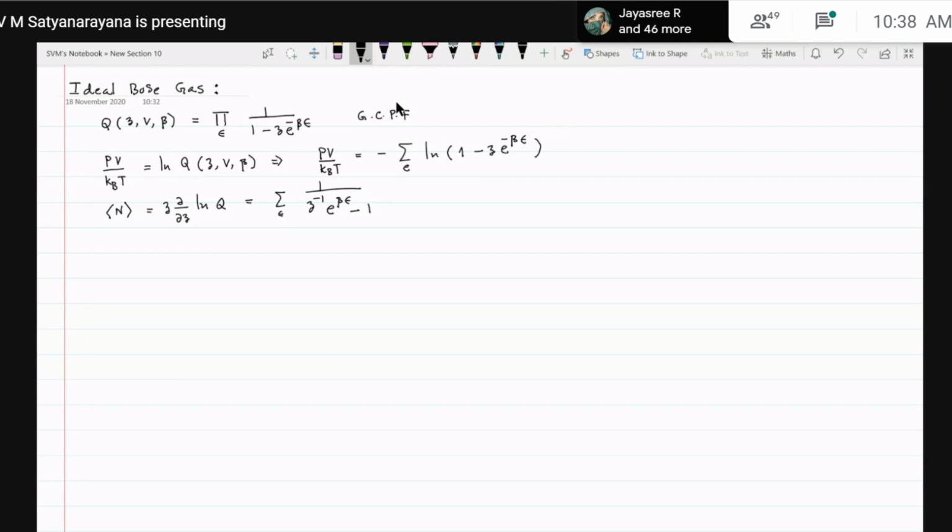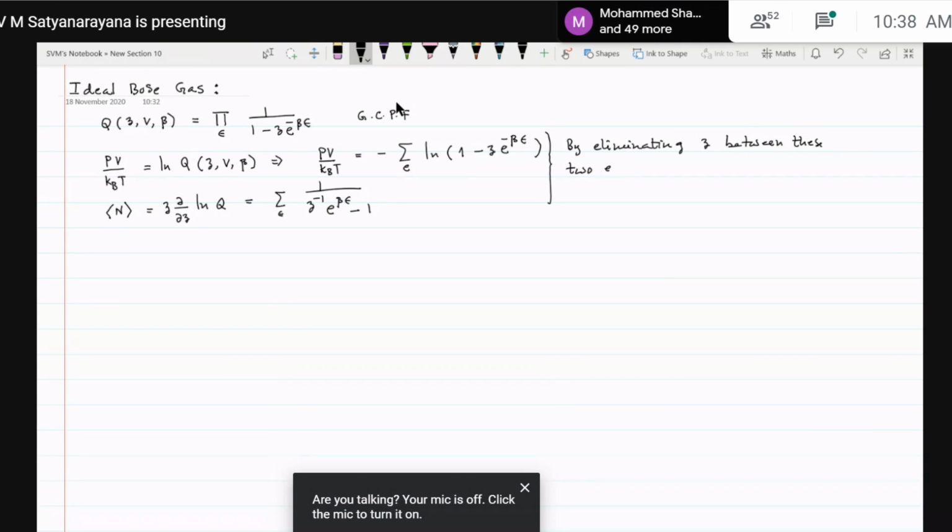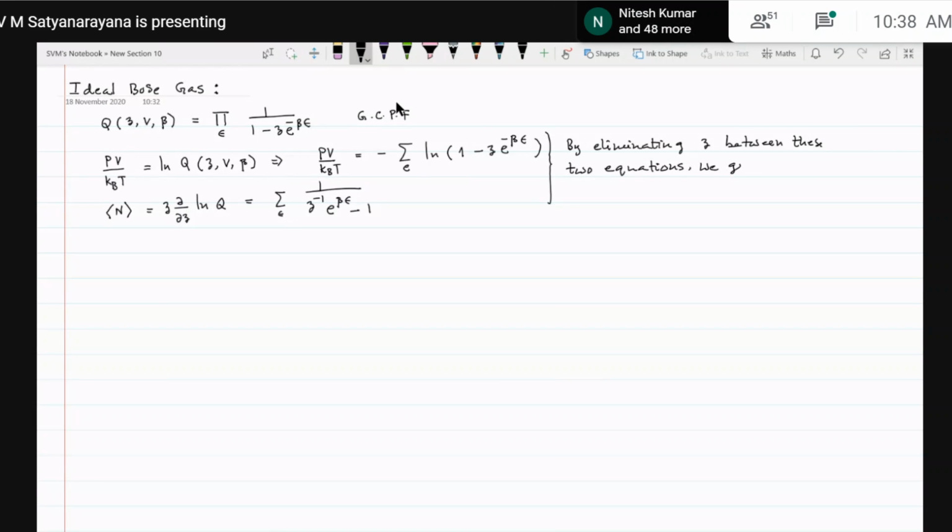And notice that between these two equations, by eliminating the fugacity between these two equations, we get the equation of state.